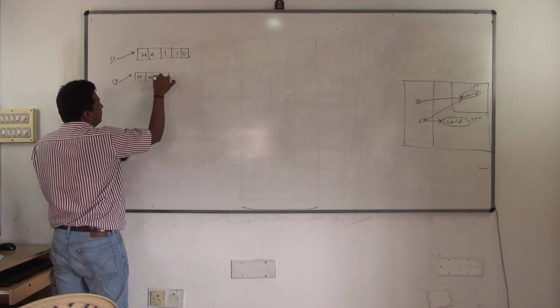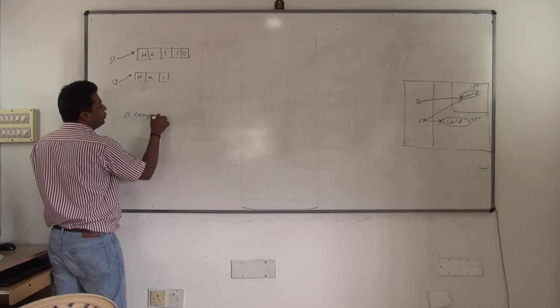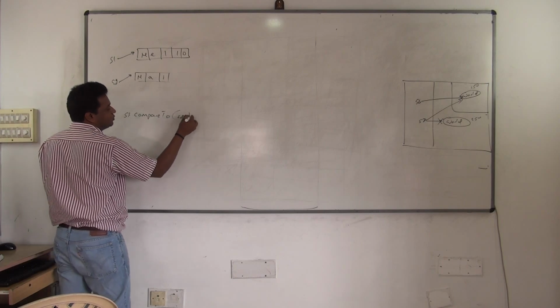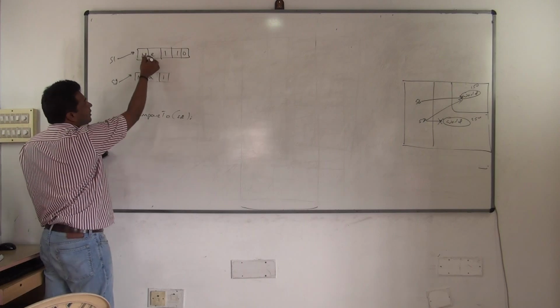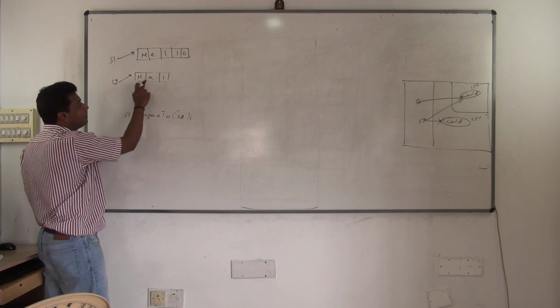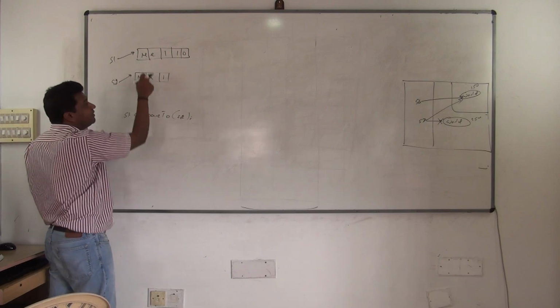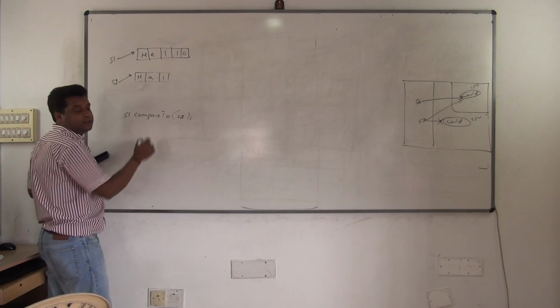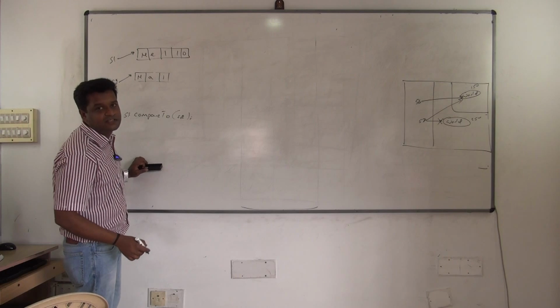So HAI. So when you call S1 dot compare to S2, what happens? So now you are sending this, so it will start comparing now. The first index is taken from this string, which one? S1. And it will compare with the first index character of this one. Both are equal, then it will compare the next one. Okay. So E is greater than what? A. No, ASCII value. What is the ASCII value of E?